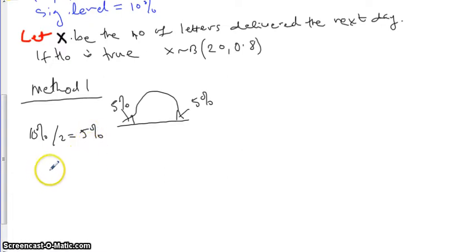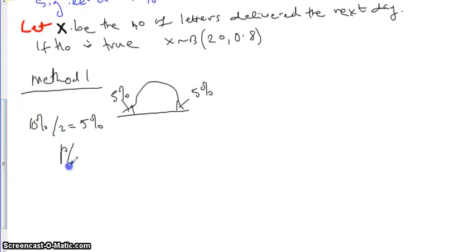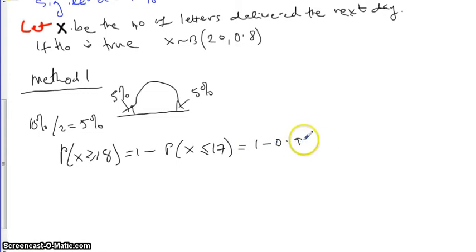And for the upper tail, we're measuring against 18 letters being delivered. The probability x is greater than or equal to 18 would therefore equal 1 take away the probability x is less than or equal to 17, which equals 1 take away 0.7939, which is 0.2061.